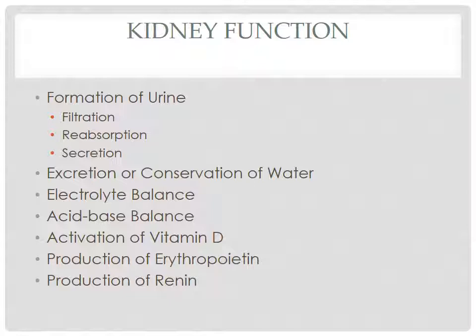The three processes in urine formation are filtration, reabsorption, and secretion. As we just mentioned, the locale for filtration would be the glomerular capsule. Reabsorption occurs from the tube to the bloodstream, and secretion from the bloodstream back to the tube. The kidney is also involved in the excretion and conservation of water, electrolyte balance, acid-base balance, activation of vitamin D, production of erythropoietin for red blood cells, and production of renin.